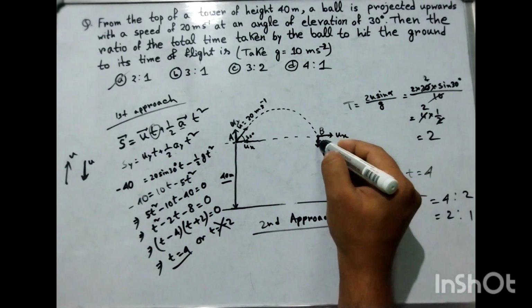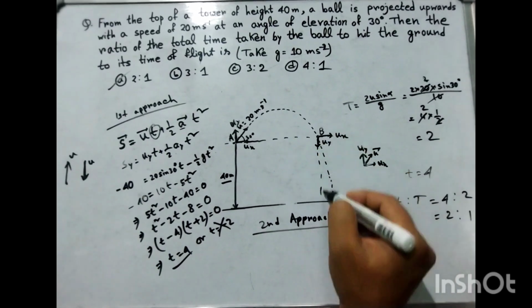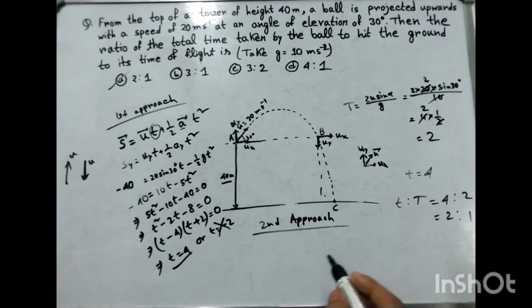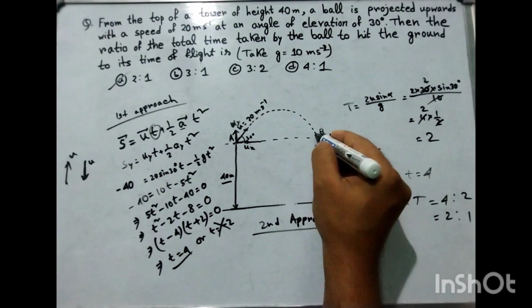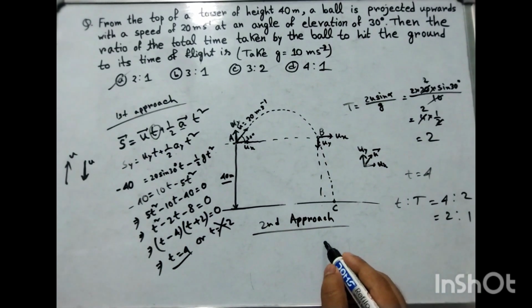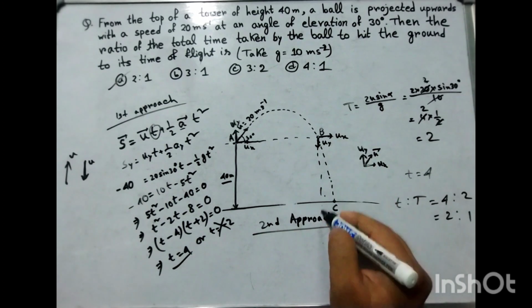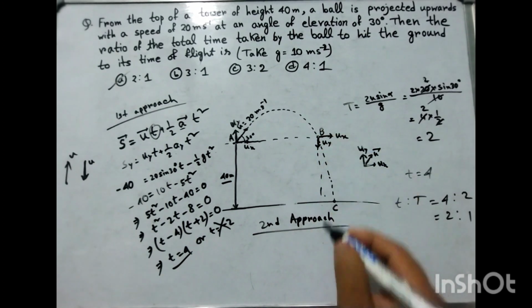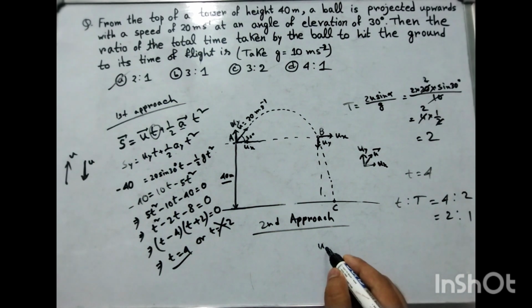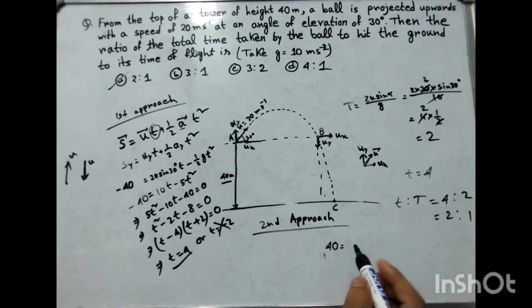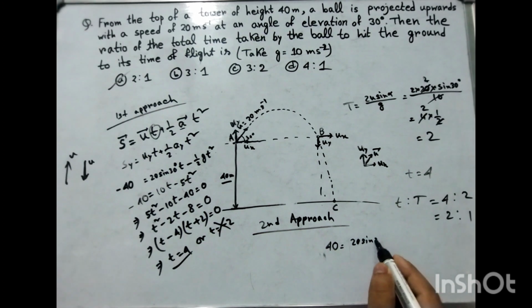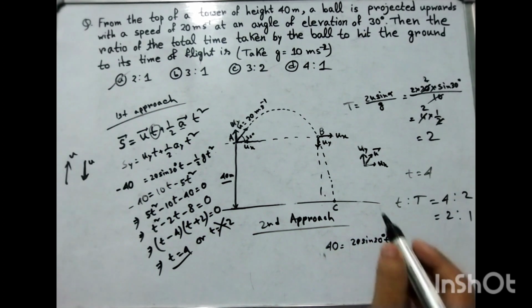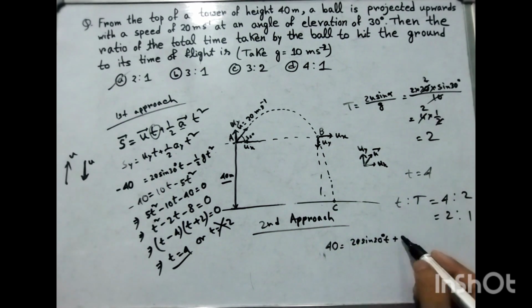Now if you just study the y-axis motion from B to C, suppose we take the negative y-axis as positive, so that will be our s, that will be 40 equal to, now uy will be the same as this value, so that will be 20 sin 30 degree t plus half g t square.